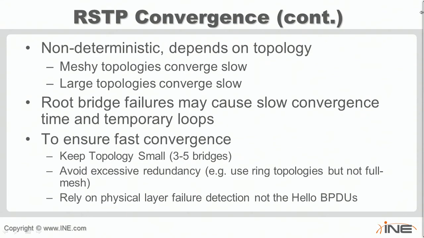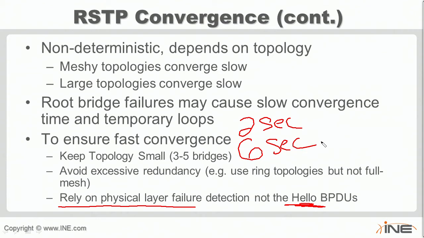Another way to get the network to converge a little bit faster is to rely on the physical layer failure and not necessarily on the hellos, where again the hellos are generated every 2 seconds, and if you don't hear a response within 6 seconds, it means that you start to reconverge.